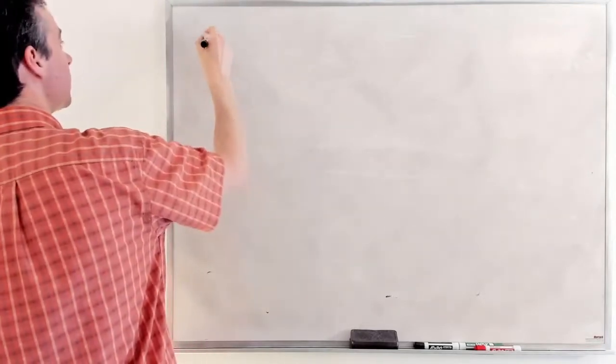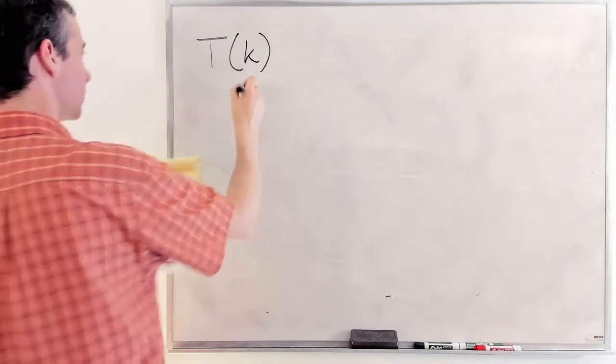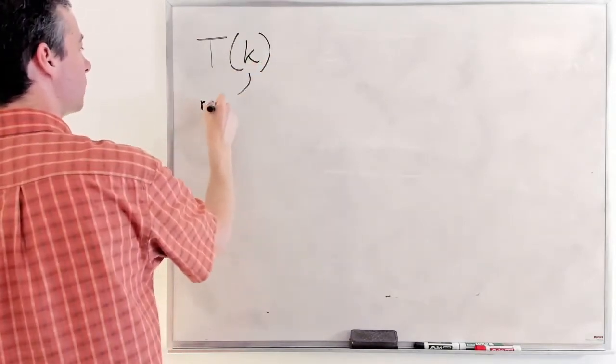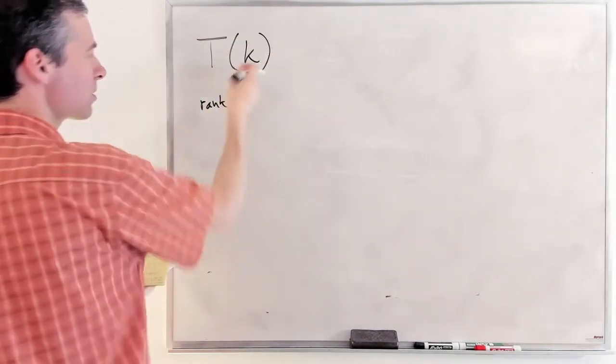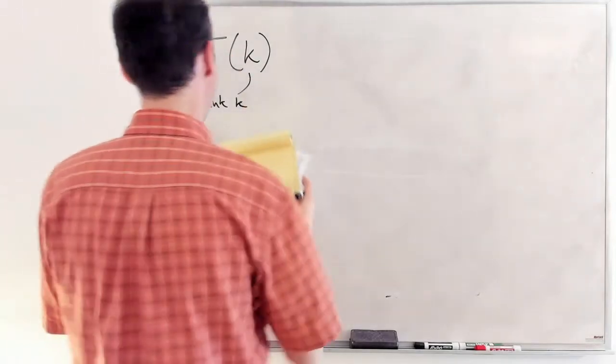All right, so we end up with this equation. We end up with the time to reach rank K. This is how long it is going to take you to get to that rank.